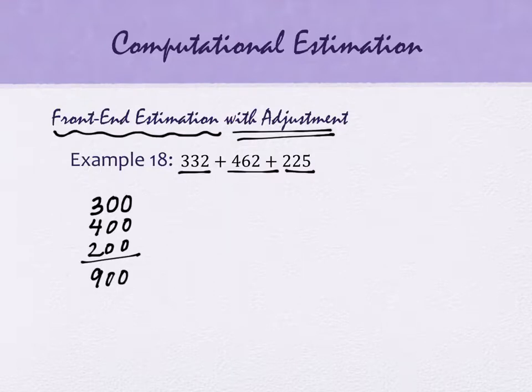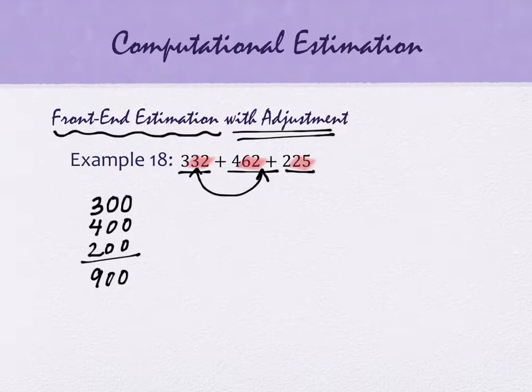So that's front-end estimation. Adjustment does the same thing with the leftovers, right? There's a 32, a 62, and a 25, the back pieces of these that we didn't deal with. Adjustment means taking them and looking at what's approximately compatible numbers. You might notice that these two, 32 and 62, are awfully close to compatible numbers.